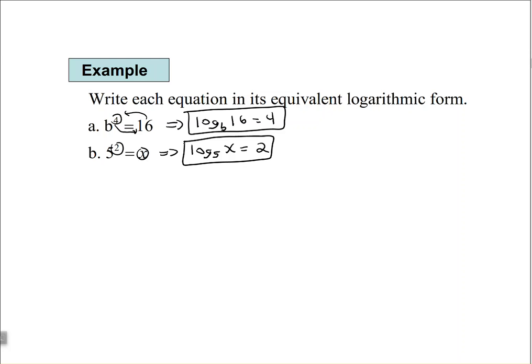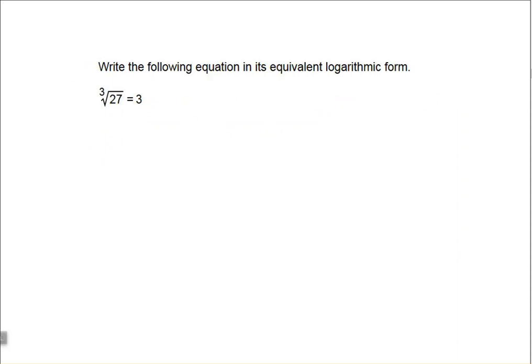All right, let's look at another example here. We have the cube root of 27 equals 3, and we want to write this in its equivalent logarithmic form. The first thing I'm going to do is simplify the cube root of 27, which is 3 to the first power.